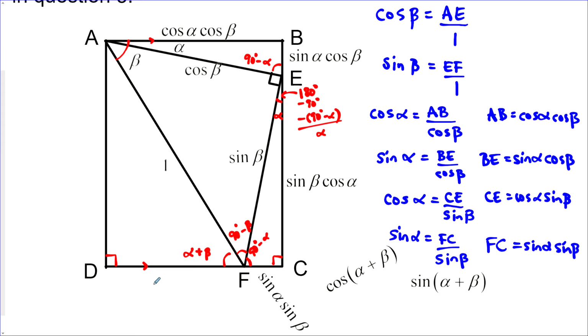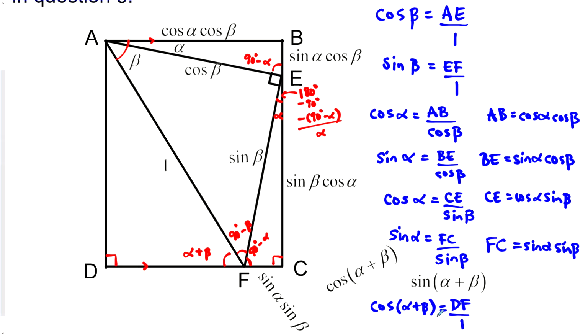Let's work with the last triangle. We want side DF, and we have this angle here, alpha plus beta. So this one would be adjacent to that. So cos of alpha plus beta is equal to the adjacent side DF over the hypotenuse, which is 1.